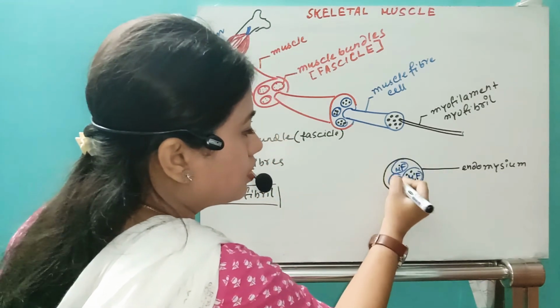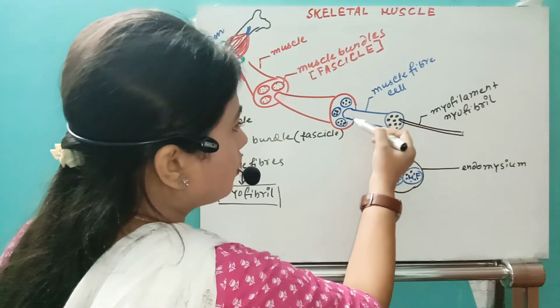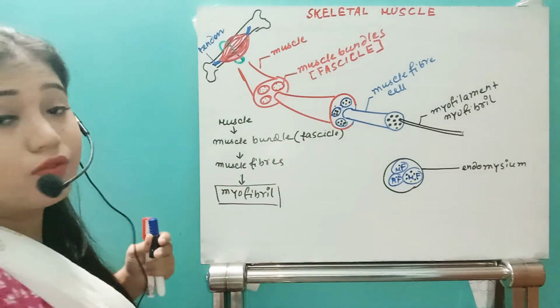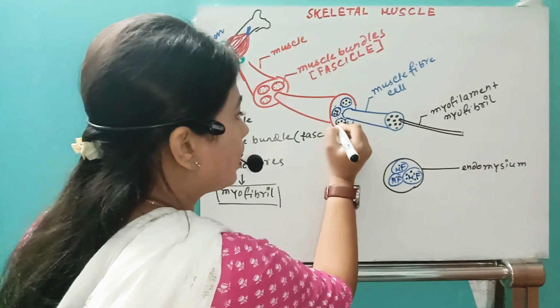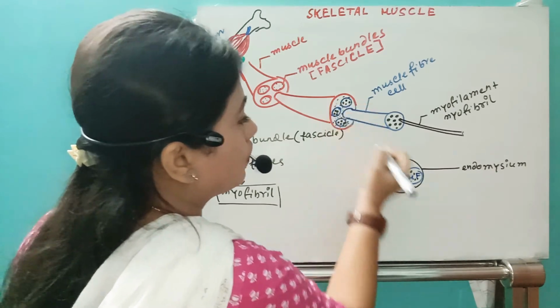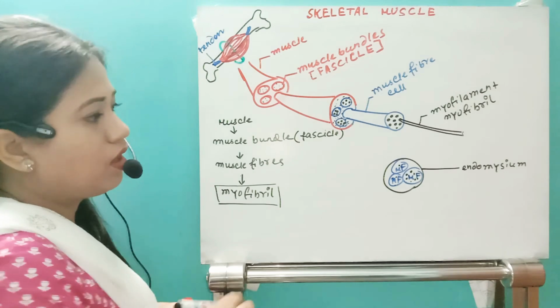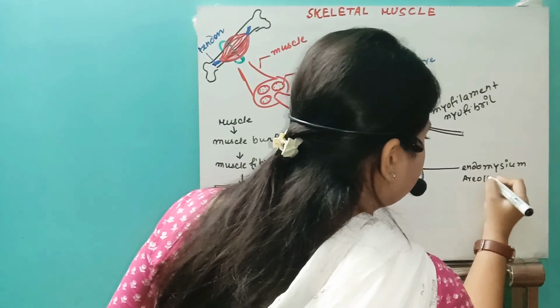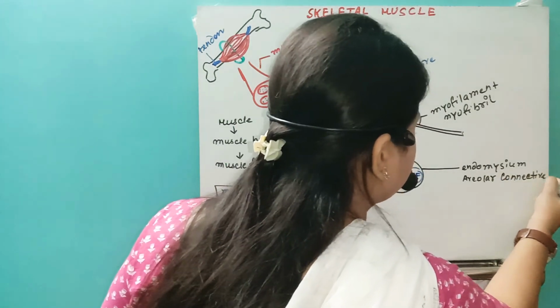Around the muscle fiber, we are going to have one membrane. What is that membrane called? This will be the endomysium. Now what is endomysium? This endomysium is nothing but areolar connective tissue.